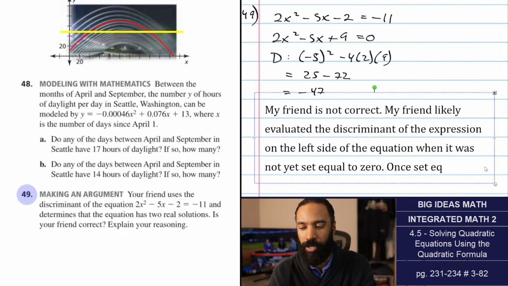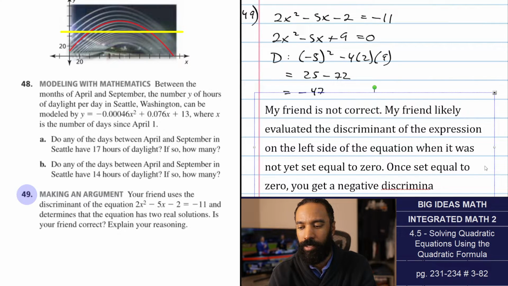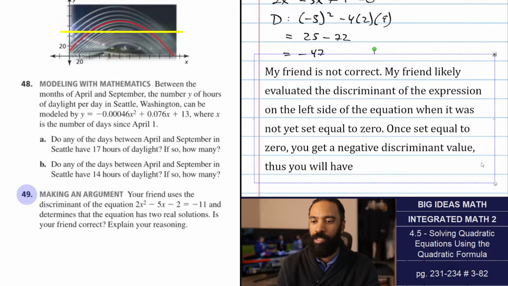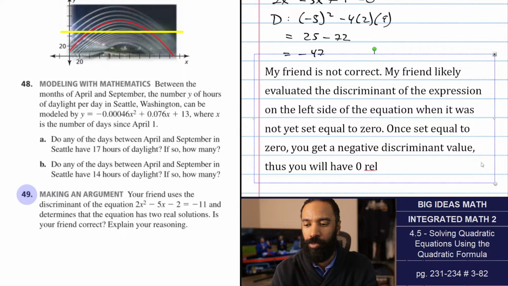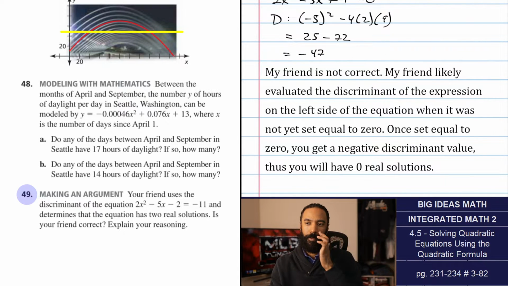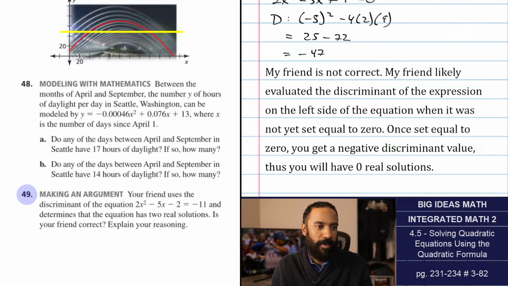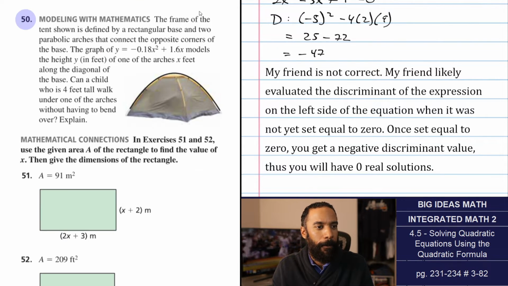Once set equal to 0, you get a negative discriminant value. Thus, you will have no real solutions, 0 real solutions. Oh, friend, sometimes you're right, sometimes you're wrong. We really got to work on this, friend.